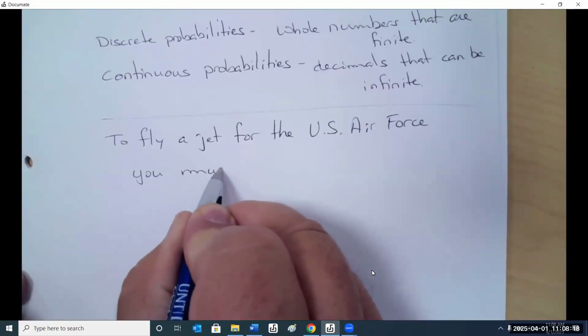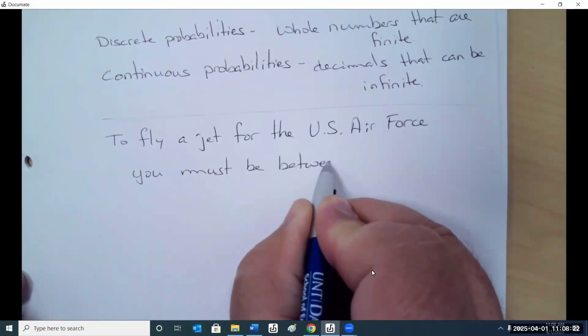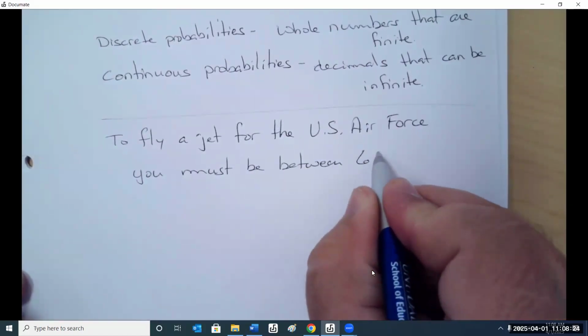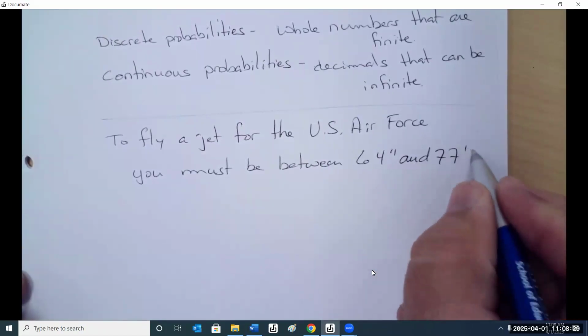You must be between 64 inches and 77 inches tall.